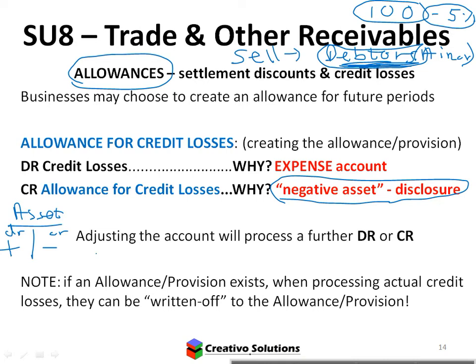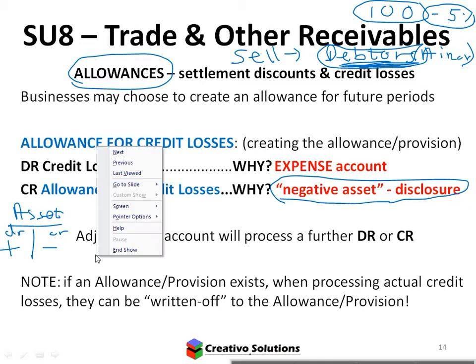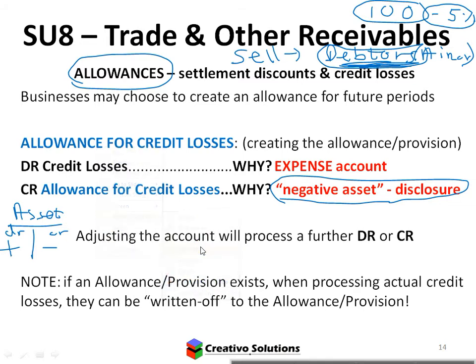No, I'm looking at a negative asset because this is the allowance. What balance does a negative asset have? A credit balance. So an allowance will have a credit balance.